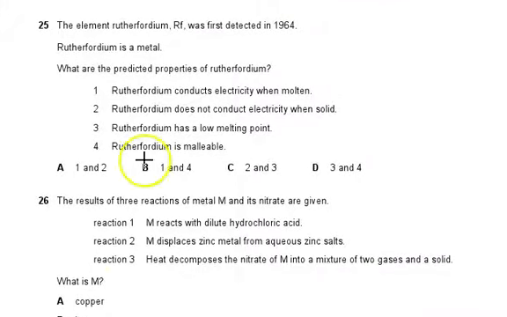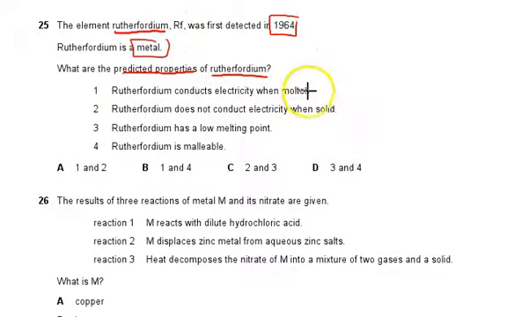Now we move on with number 25. The element rutherfordium, Rf, was first detected in 1964. It's a metal. What are the predicted properties of rutherfordium? Since it is a metal, it conducts electricity when molten.